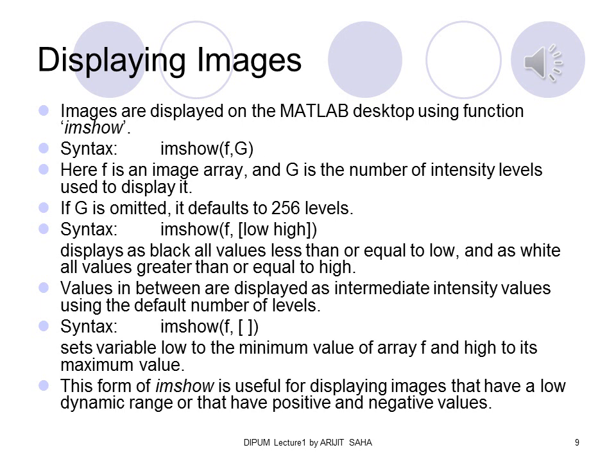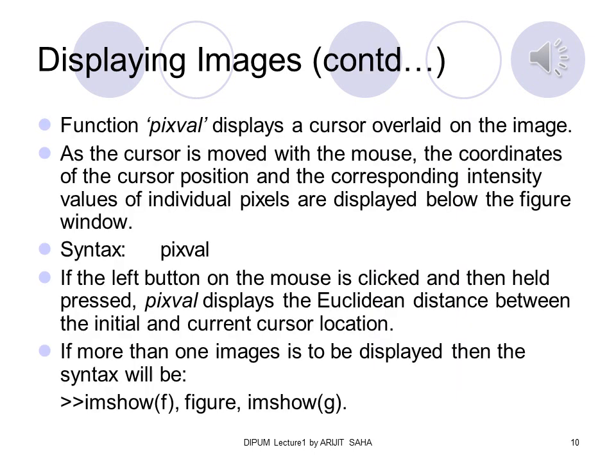This form of imshow is useful for displaying images that have a low dynamic range or that have positive as well as negative values. And to know some other functions also, like function pixval, it will display a cursor overlaid on the image.